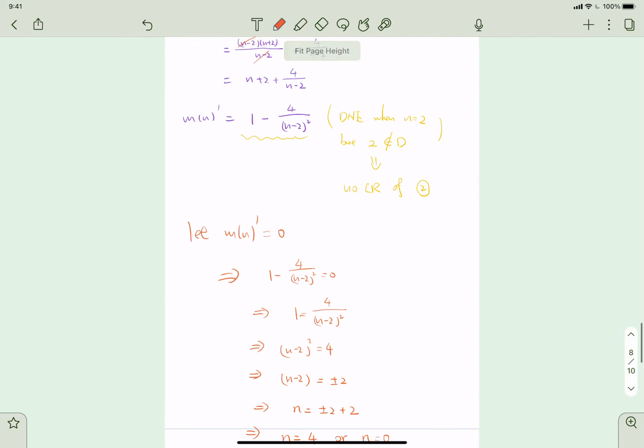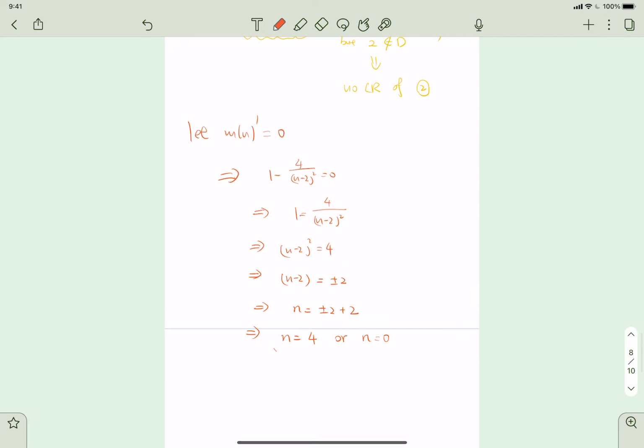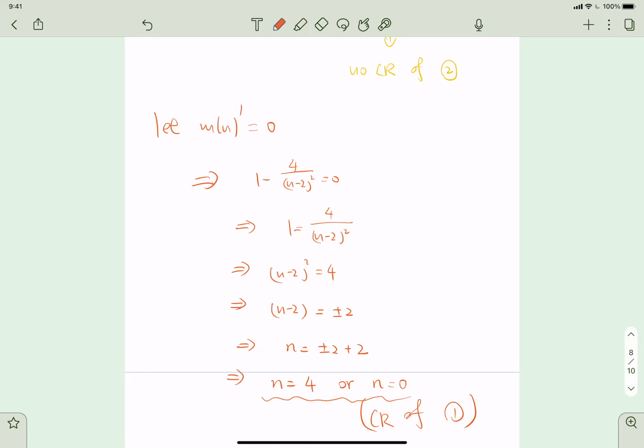Okay. So these are the critical numbers of the first type, when the derivative is equal to 0.